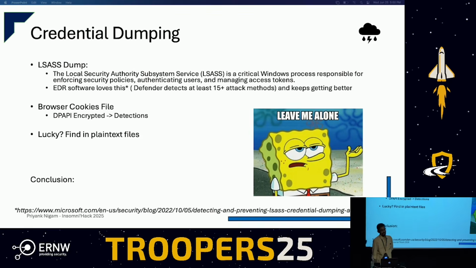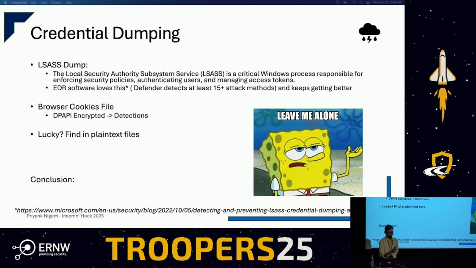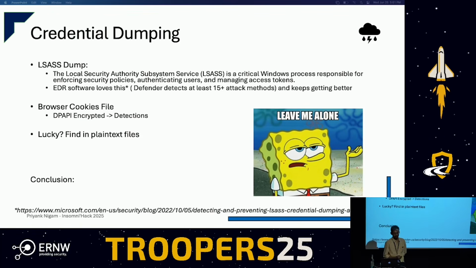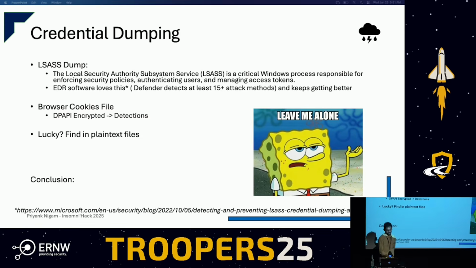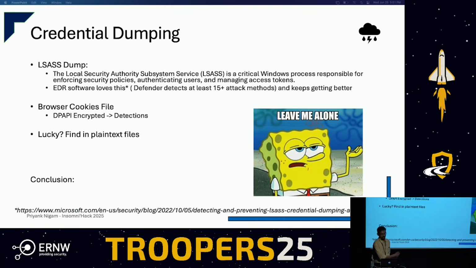Those are still DPAPI encrypted, the cookies file. The way it is encrypted is the key is still stored within that file system, within that path. It's just that there will be a DPAPI decrypt call, and any EDR can detect that. It's easy. And of course, if you're lucky, you'll find stuff in plain text files or stuff like that, right?